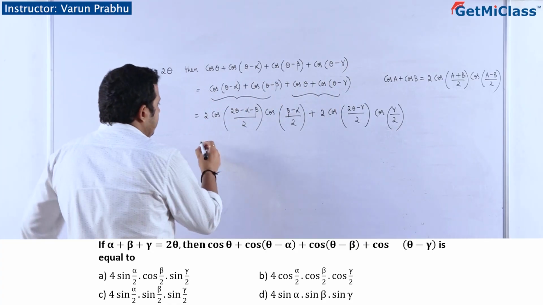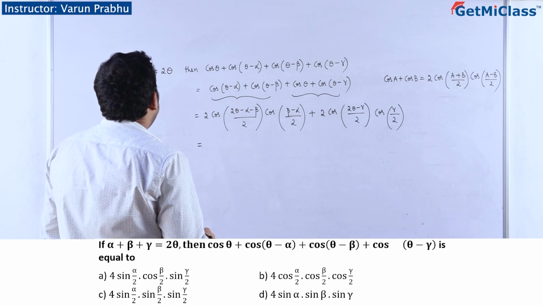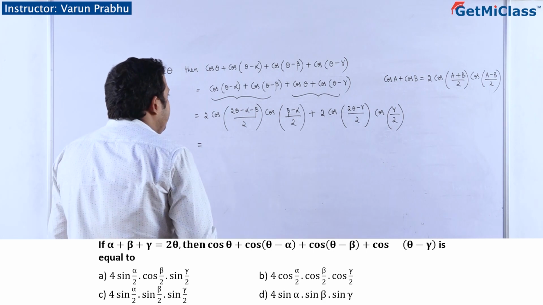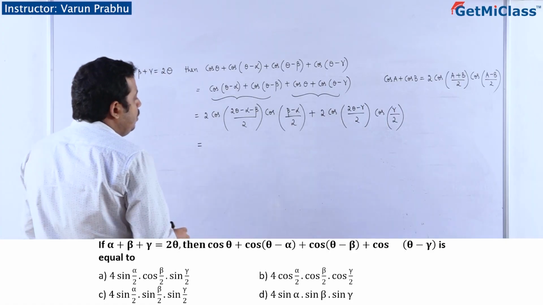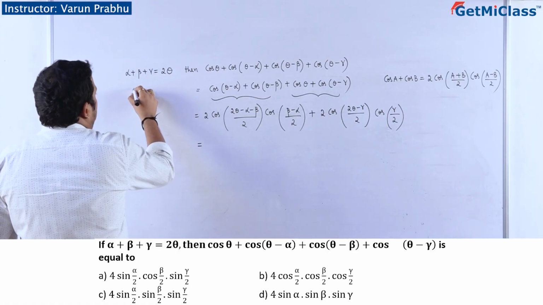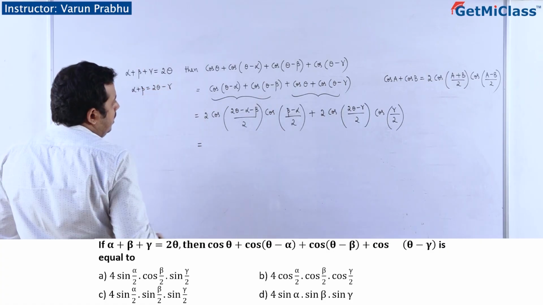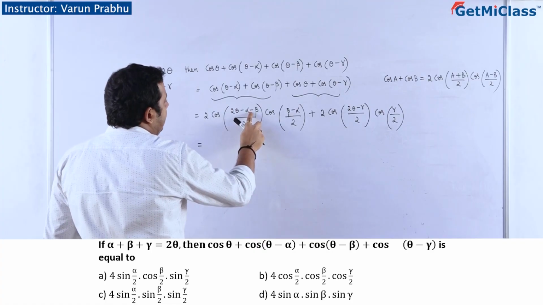This part can be written using alpha plus beta plus gamma equal to 2 theta. So I can say alpha plus beta is equal to 2 theta minus gamma.